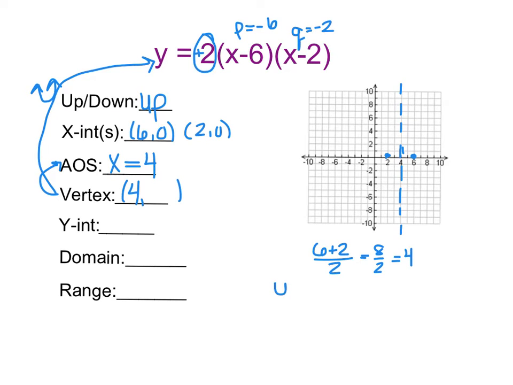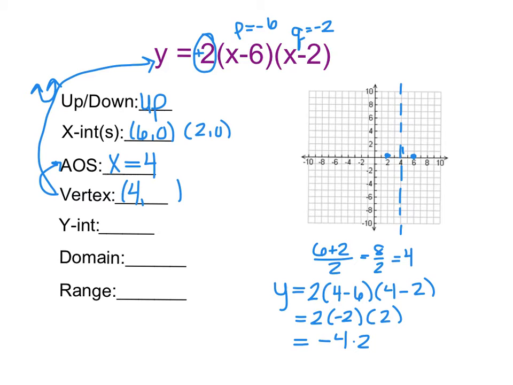So here we take y is equal to 2, and then we have (4 minus 6) and (4 minus 2). So we end up with 2 times -2 times 2. Well, 2 times -2 is -4, times 2, which becomes -8.